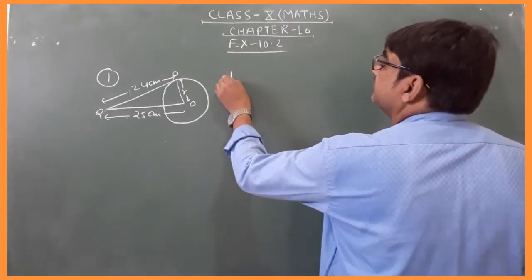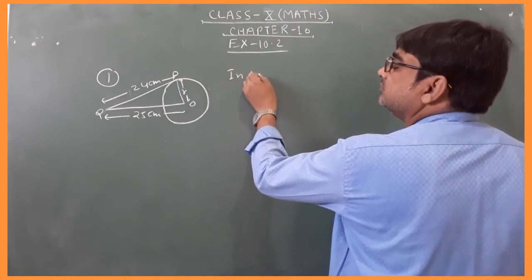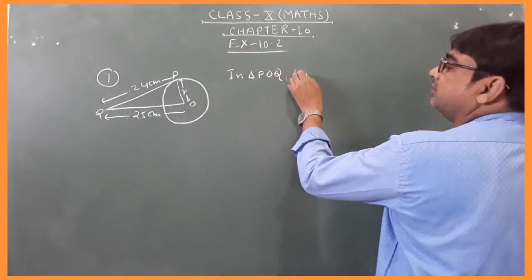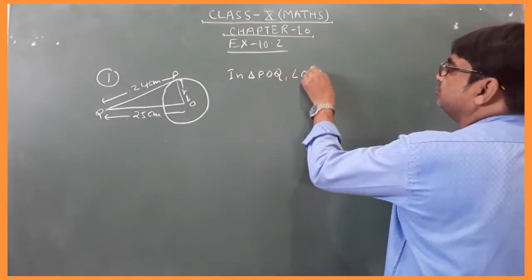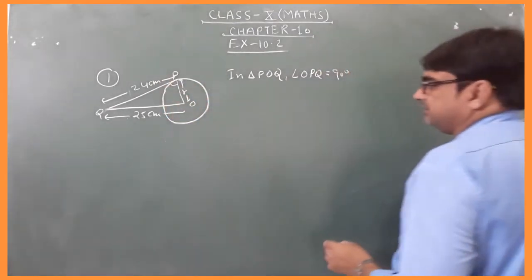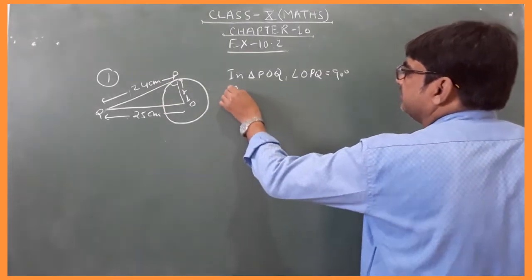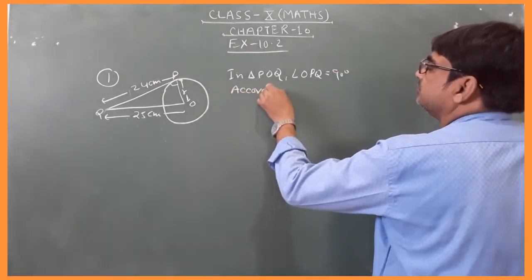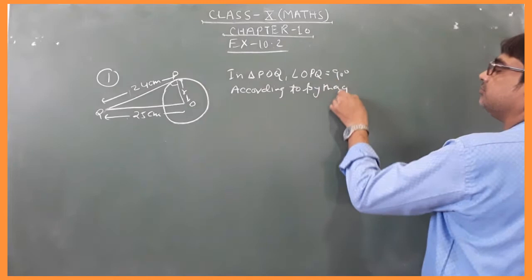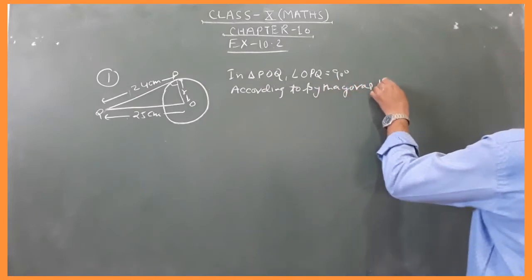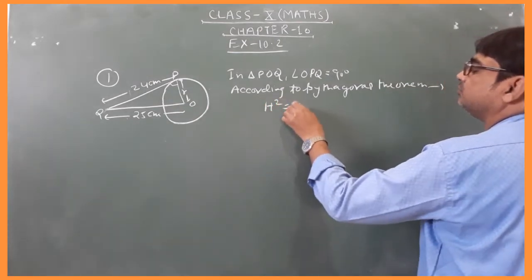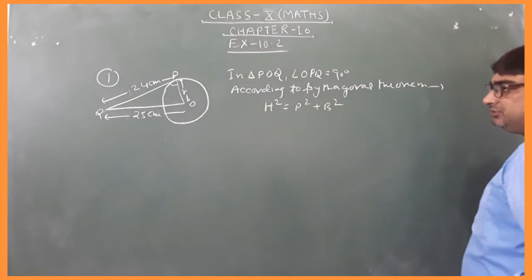In triangle POQ, angle OPQ is equal to 90 डिग्री। ये आपका 90 डिग्री क्या हो जाएगा? According to Pythagoras theorem, h square is equal to p square plus b square.